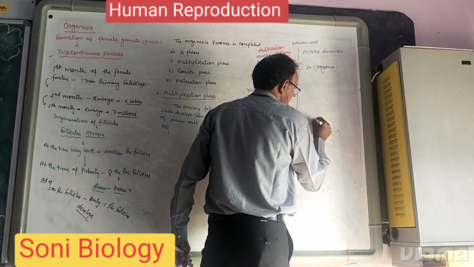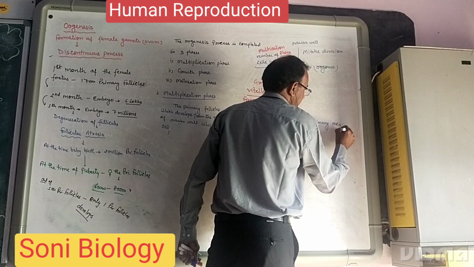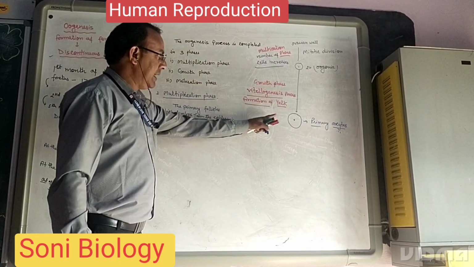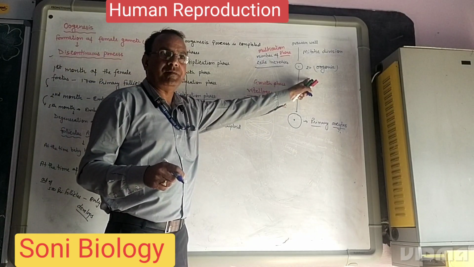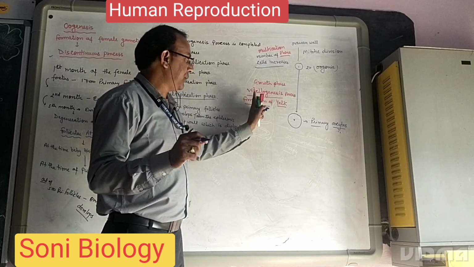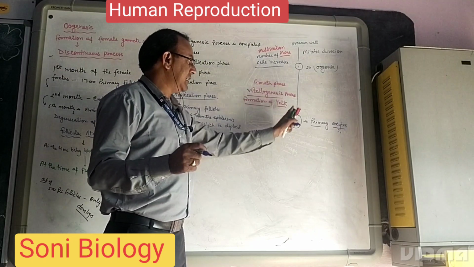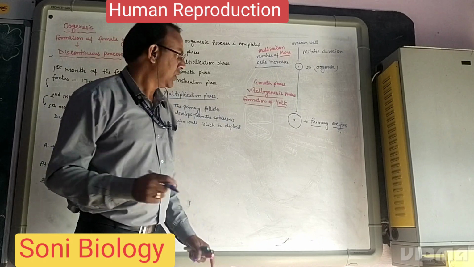This is called primary oocyte. As the yolk is formed inside the oogonia, that process is known as vitellogenesis, and due to the formation of yolk the cell size increases, so that phase is known as growth phase.